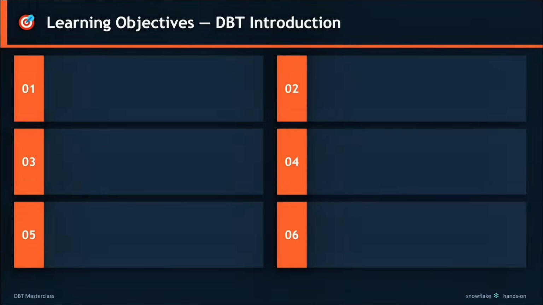Here are the 6 learning objectives for this section. Let me walk through each one so you know exactly what you will be able to do after completion of section 1. So first, you will understand what DBT is and the specific problem it solves in data engineering. So this is foundational.